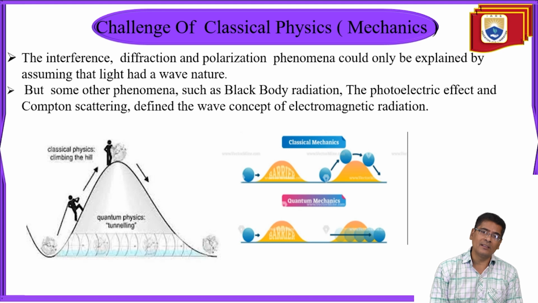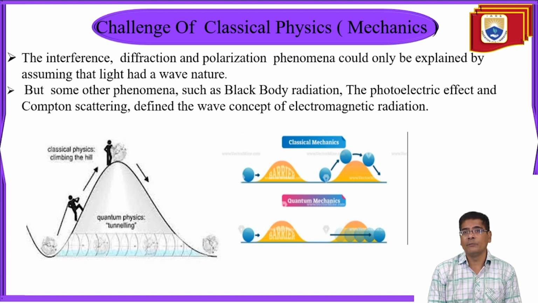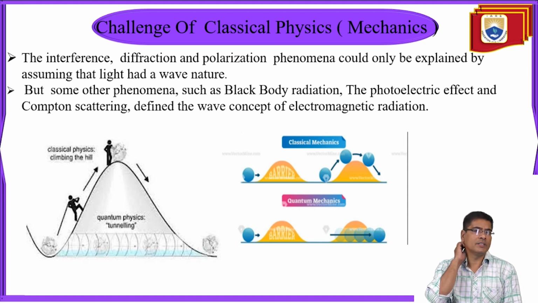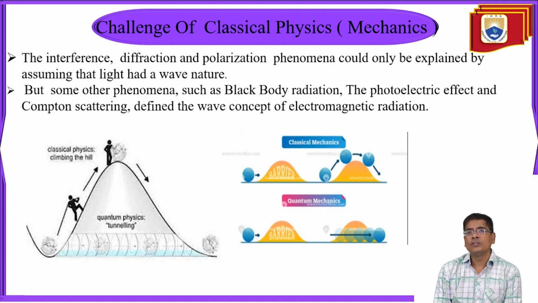The gaps existing for classical physics were interference, diffraction and polarization. Interference, diffraction and polarization phenomena could only be explained by assuming that light had a wave nature.